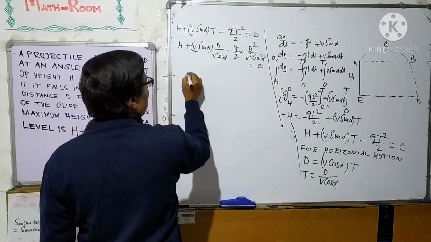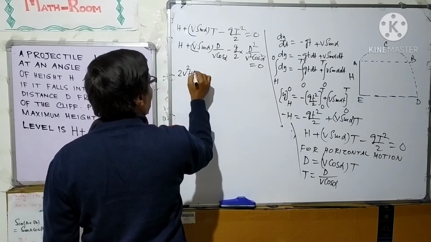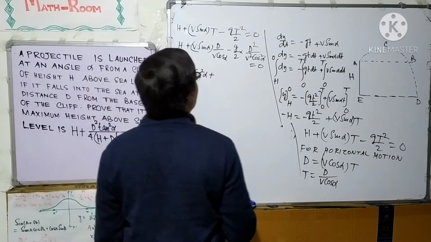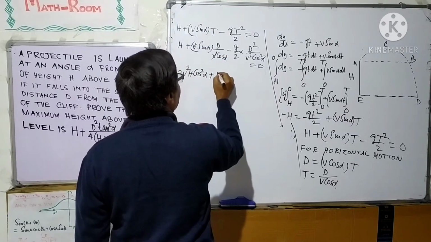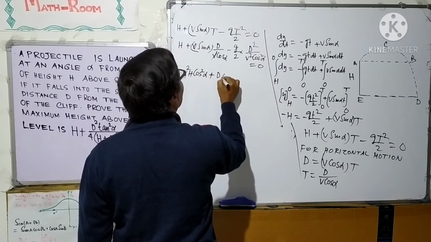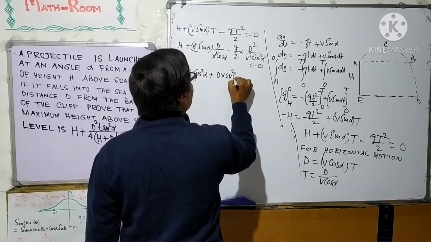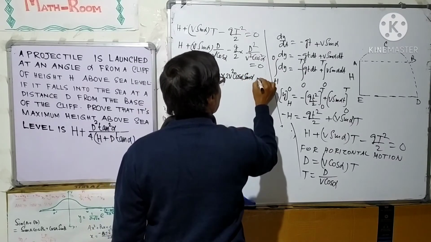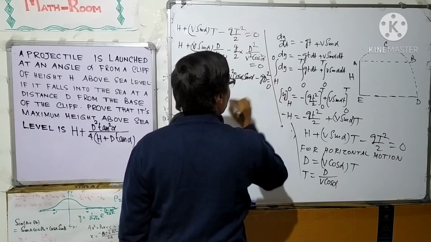So 2 v square H cos square alpha plus v cancelled out, D into 2 v square cos alpha sin alpha minus g D square equals 0.